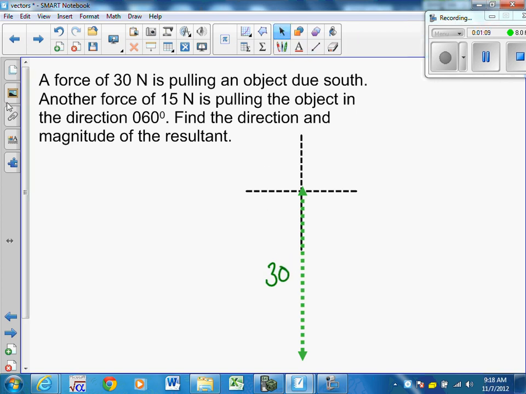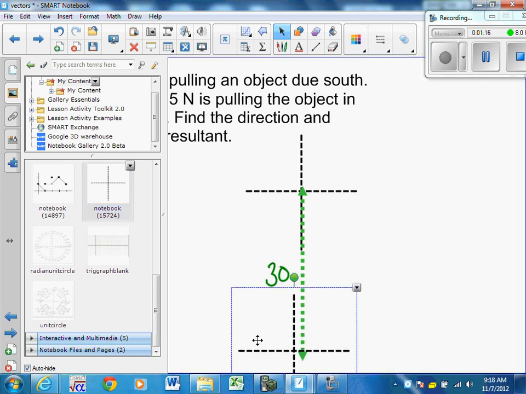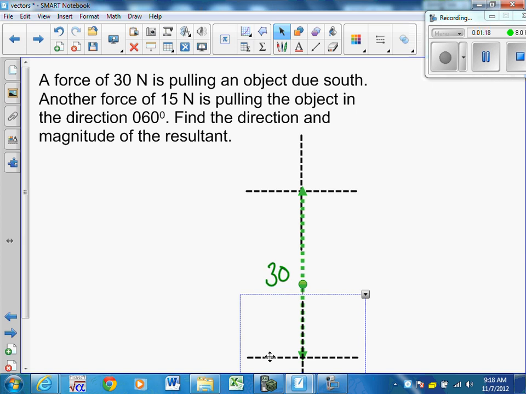Now, I always think on all these problems it helps to put north, south, east, west there. But our other vector is 15 newtons, that in pink, at a direction of 60 degrees. So it's about half the length. It's going in that direction. 15, and this angle here is 60.